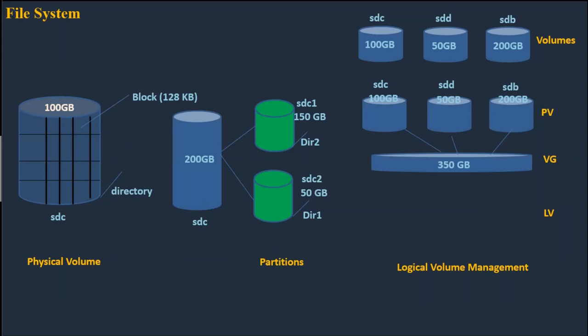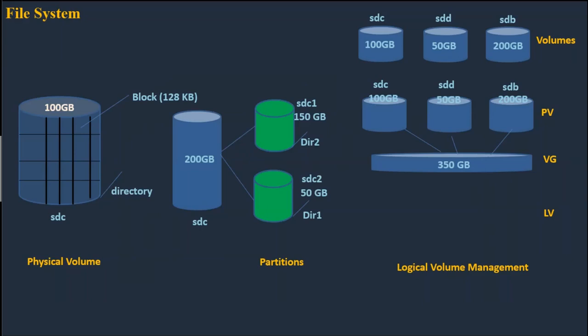Here the 100 GB, 50 GB, 200 GB all together will be 350 GB of space, right? So when you add all these volumes into the volume group, the size of the volume group will be equivalent to the sum of all these physical volumes.